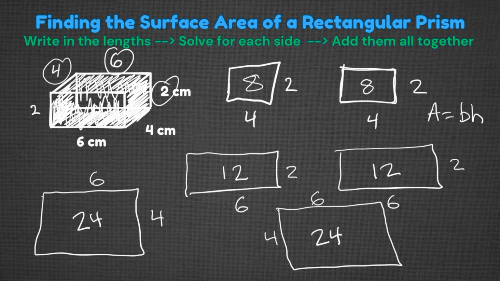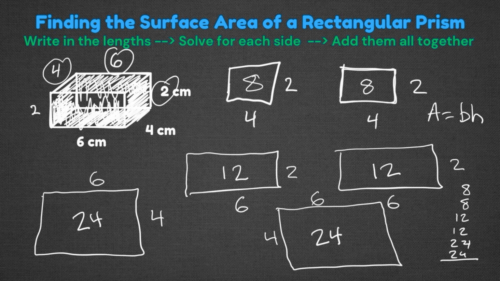Now that I've found the area of all 6 of these sides, I can add them together to find the area of the entire outside of this prism. So let's see, I got a little space over here. I'm going to do 8 plus 8 plus 12 plus 12 plus 24 plus 24.